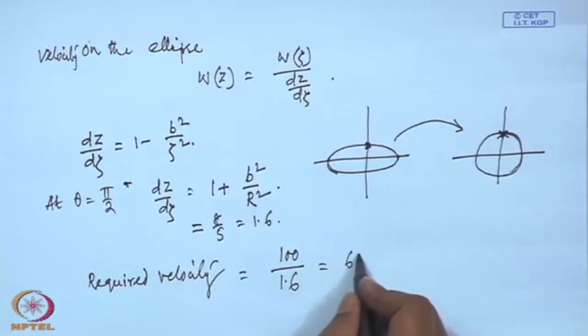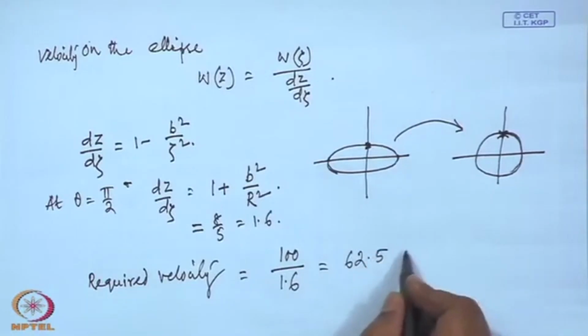This I think will come as something like 62.5.